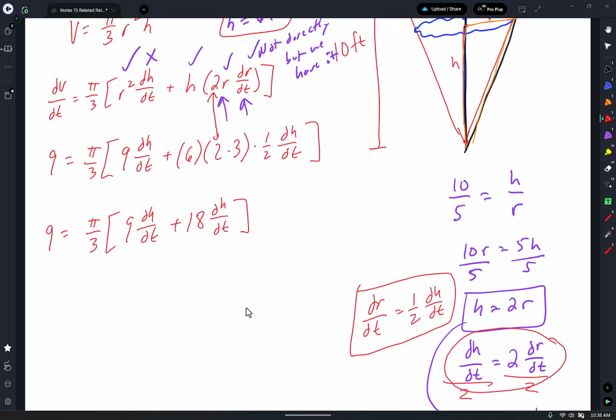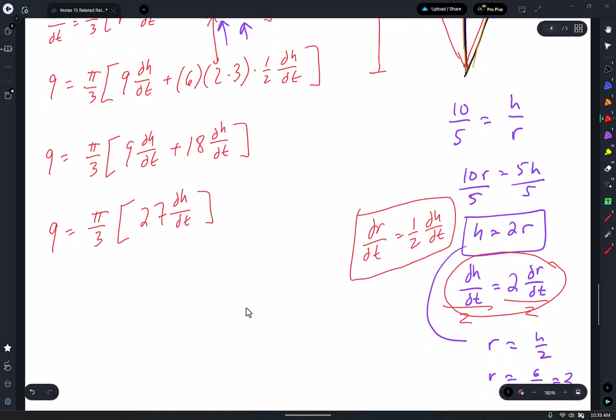Combine like terms. We're done with calculus with the first 9. We're just adding. 9 equals pi over 3, bracket 18 plus 9, 27 dh/dt, close it. Are we still okay? 3 goes into 27 how many times?